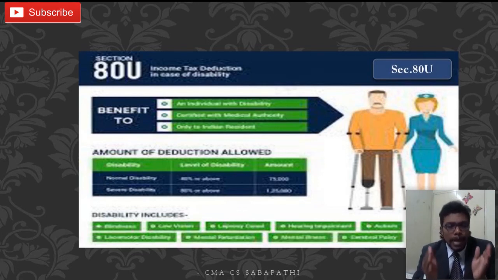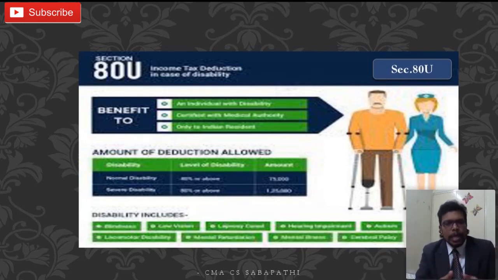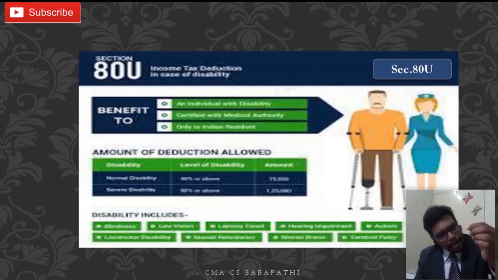You have to obtain a certificate citing all your disabilities, and the respective medical practitioner has to certify that these are all the disabilities. This assessee, this taxpayer, comes under normal disability. If they come under normal disability, they can claim 75,000 under this section, because the taxpayer himself is going to deduct.